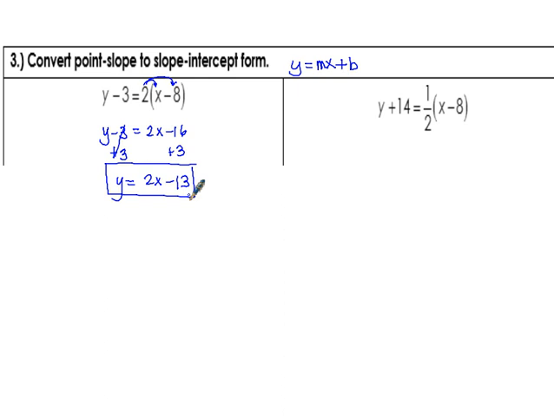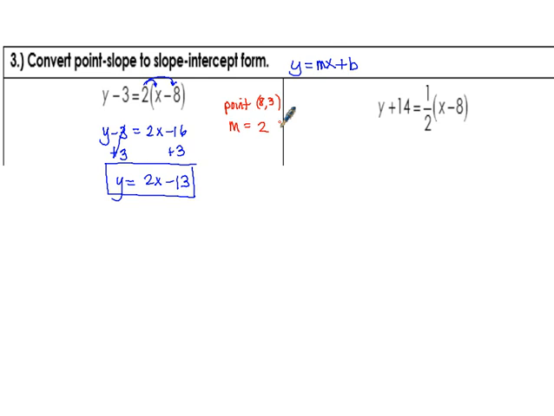And as a side note, if I have the point slope format already, you can actually identify the point that's hiding in there and then the slope that's also hiding in there. The slope that's hiding in there is the value of 2. And then if you look for the point that was hiding in there, the x value will be positive 8, and the y value that was hiding in there is actually 3.